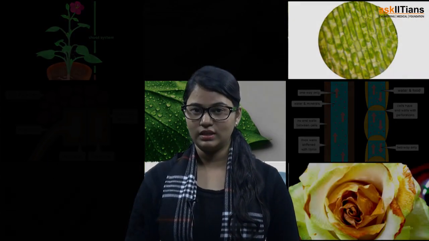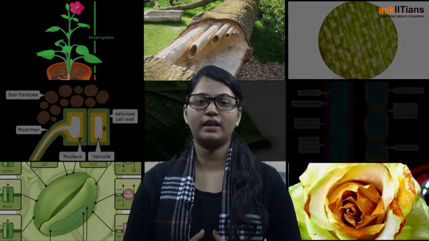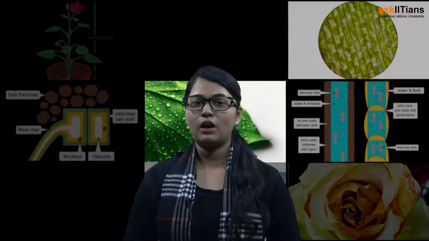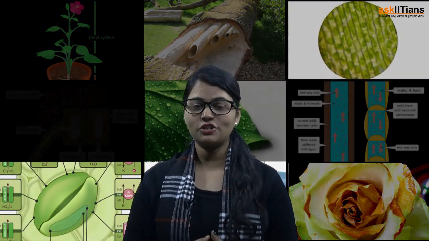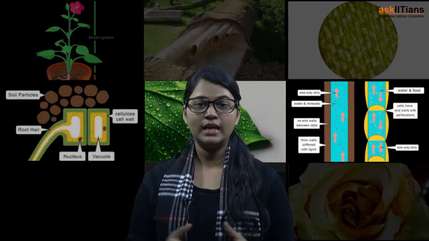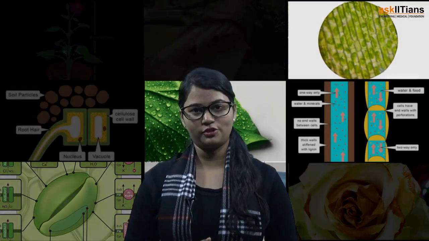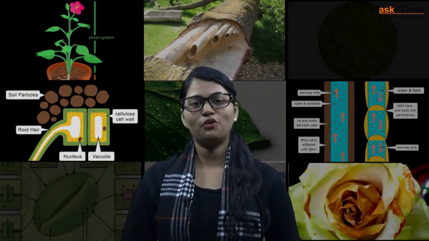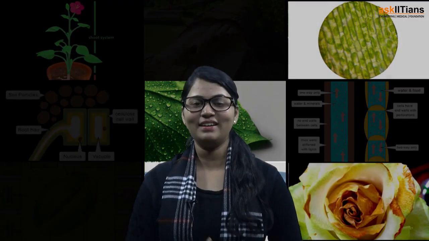In this we have learnt how various layers of leaves help in the process of transportation, and how xylem vessels, phloem vessels, cohesion, adhesion, all these factors and types of cells help in the process of absorption. I hope you have understood it completely. Now moving on to the next part of this chapter in our next video.